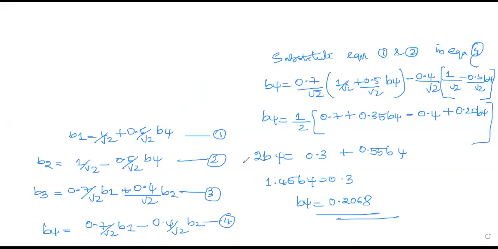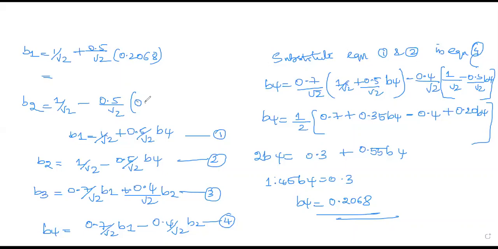Yes, ma'am. Now substitute for B1, which is equal to 1 by root 2 plus 0.5 by root 2 B4. Give me all the answers. B1, and similarly B2, 1 by root 2 minus 0.5 by root 2 into 0.2068.